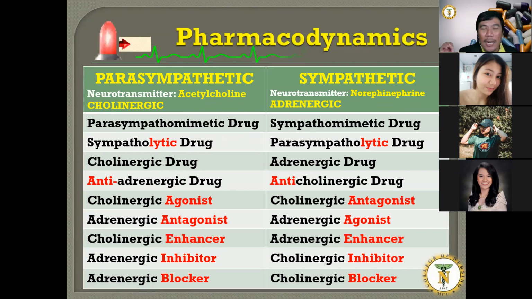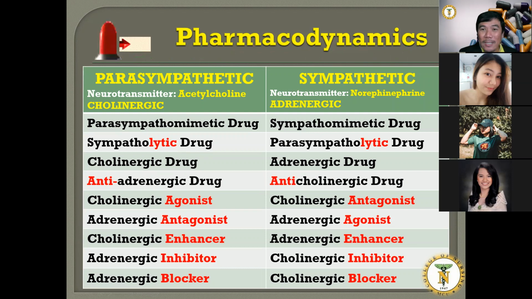Enhance means stimulate, so it stimulates the adrenergic, sympathetic response. Cholinergic inhibitor. Just the same as antagonist, inhibitor contradicts the action of the parasympathetic or cholinergic, so a sympathetic response. Cholinergic blocker. Similar to what I told you, antagonist, inhibitor, and blocker are synonymous with each other.